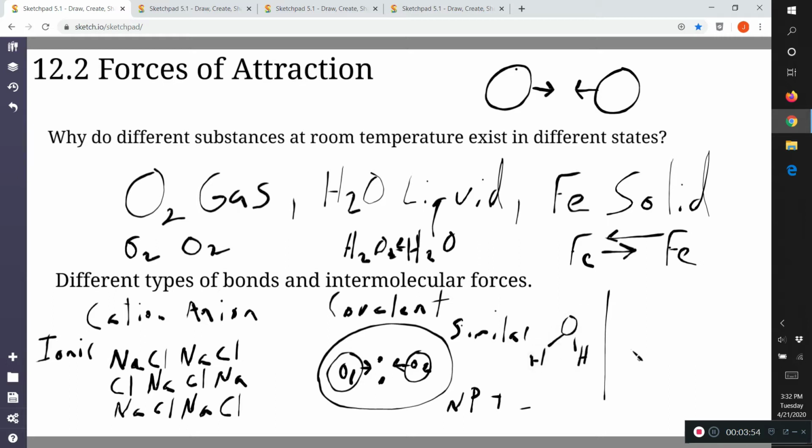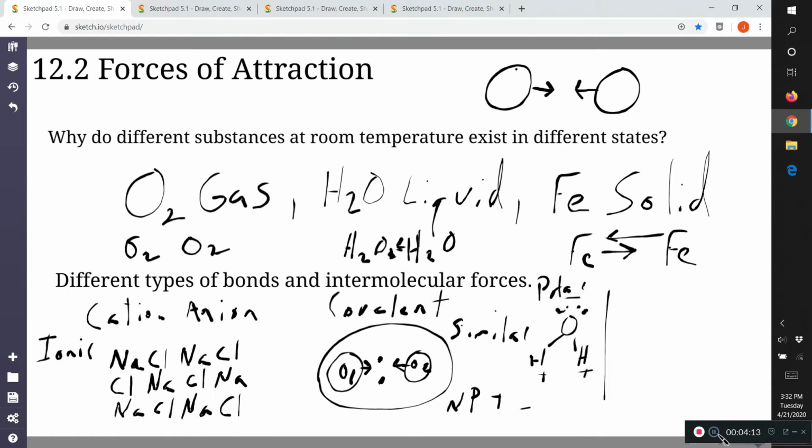Those hydrogens have positive charges, and the electron clouds that are left around the oxygen are going to have negative charges. So because we have positive on one side, negative on the other side, that's a polar molecule.